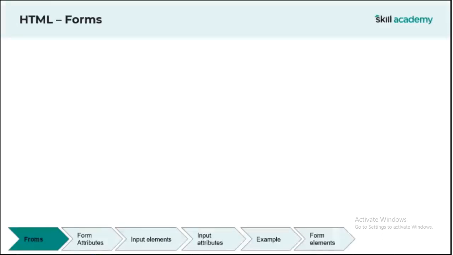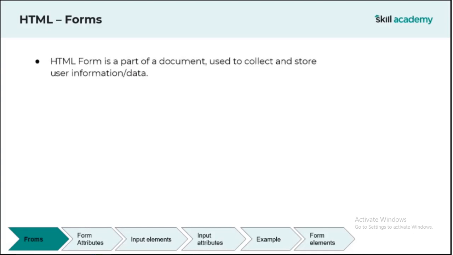First, let's understand what we mean by HTML forms. HTML form is a part of a document used to collect and store user information or data. Let's say you are designing a website and in that website you need to collect user feedbacks. So very easily you can collect such data with the help of HTML forms.